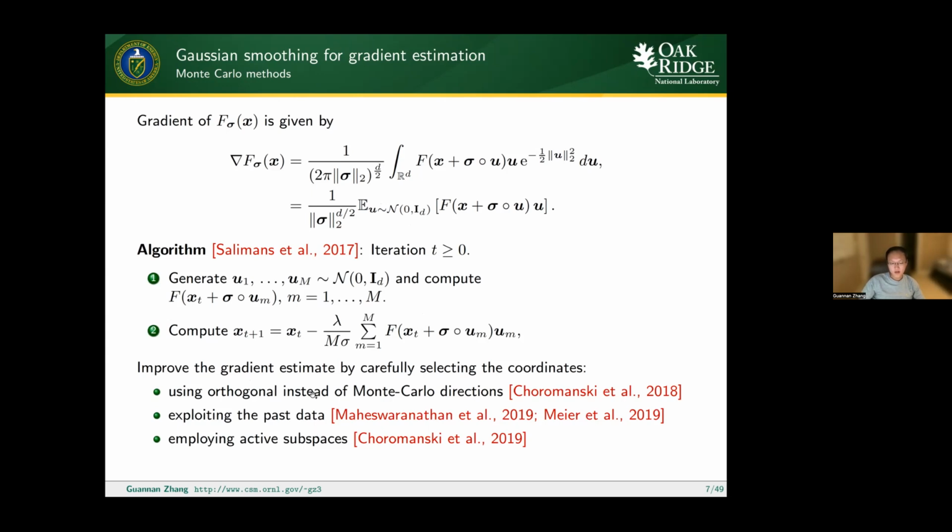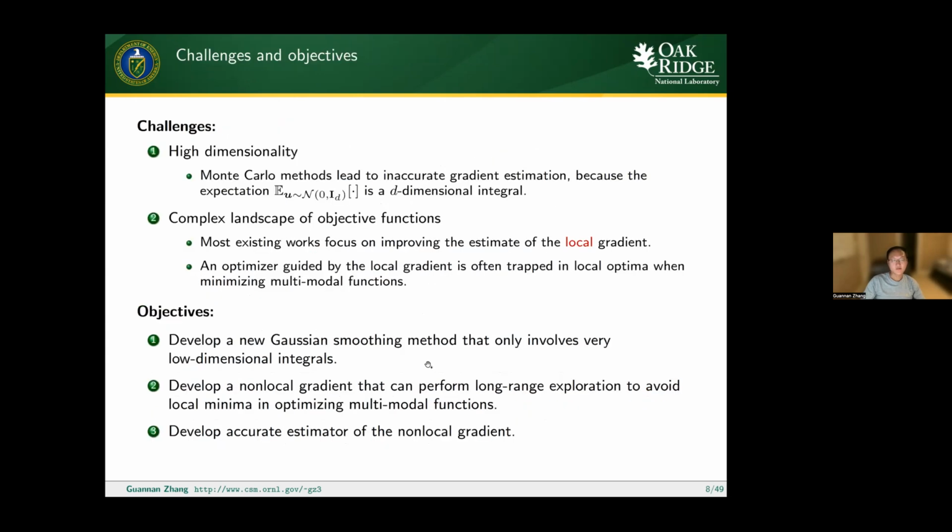There are multiple versions of it, but a significant challenge in this type of technique lies especially in high-dimensional problems, because of the low accuracy of the Monte Carlo estimator of the high-dimensional integral.